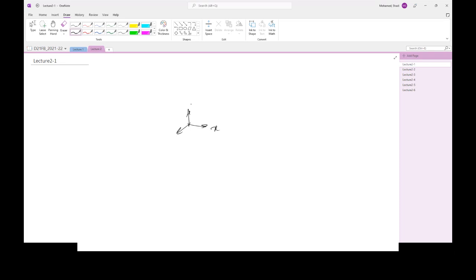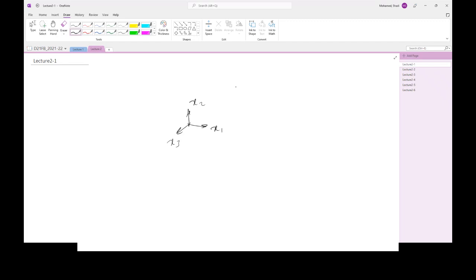I'm going to call it X, Y, and Z, or probably instead of using X, Y, and Z, I'm going to use some numbers for the coordinates. So I'm going to call it X1, X2, and X3. Now, from this point onward, I'm not going to use X, Y, and Z. I'm going to use X1, X2, and X3, which is pretty much the same thing.